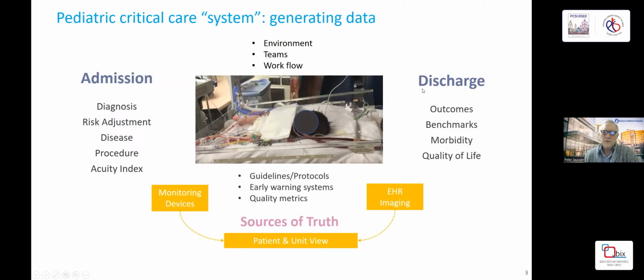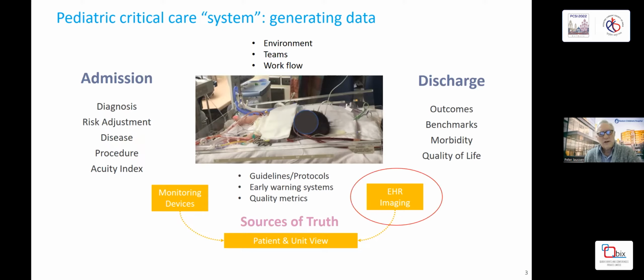We then predict what might happen in terms of discharge or what our expectations should be. We create environments and teams and workflow to deliver care. And then we overlay that with guidelines and protocols, early warning systems, quality metrics, and so forth to make sure we're delivering the care we need to provide. And that really encompasses the care of a patient. And that's the right thing to do.